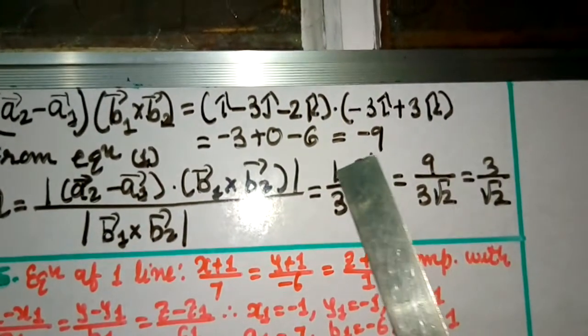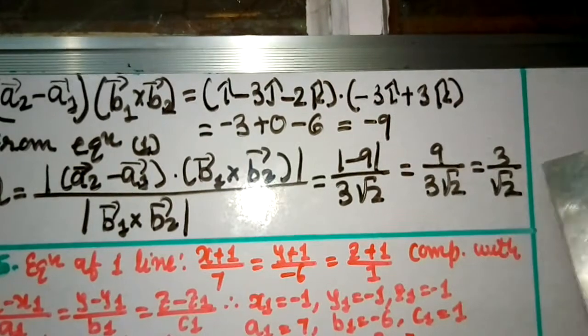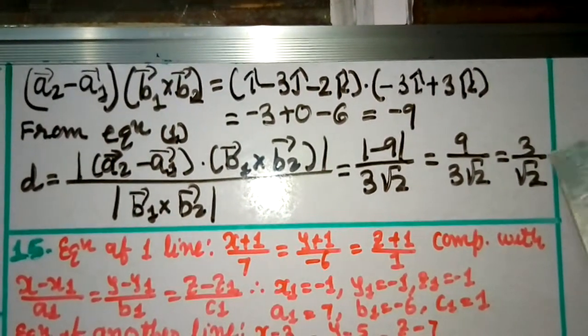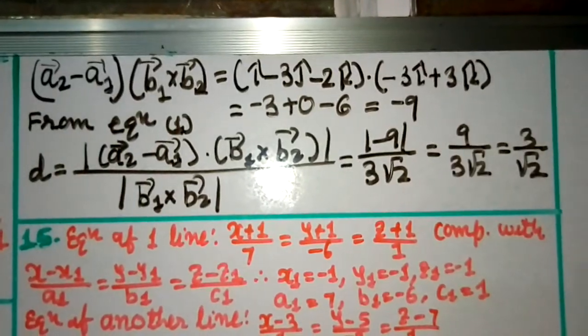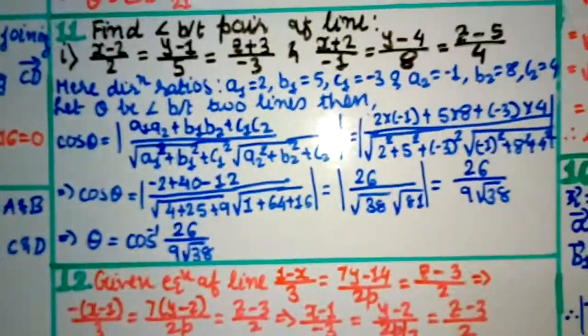Modulus is there, so omit the negative sign, so 9 by 3 root 2, cut by 3, so we get 3 by root 2. If you rationalize, multiplying and dividing by root 2, then you get the value as 3 root 2 by 2. Okay, so that is the solution for question number 14. We'll keep this much for today. Thank you very much.